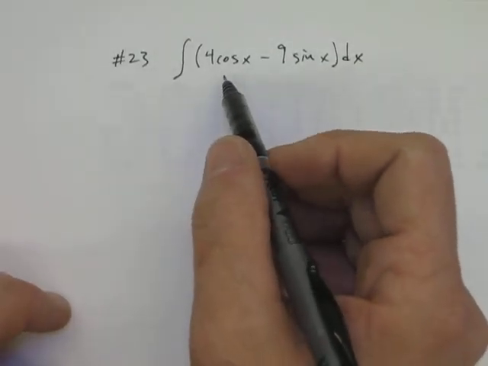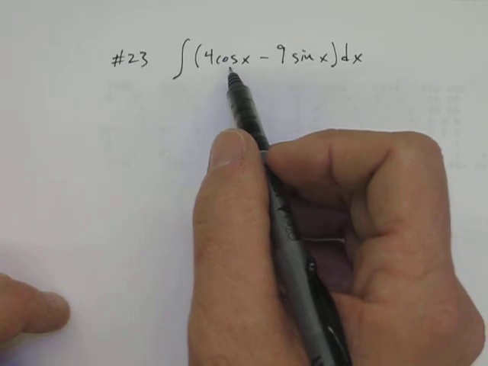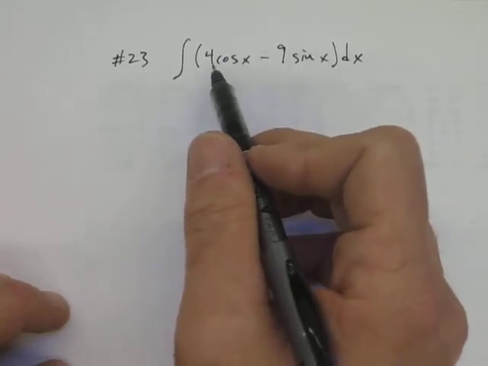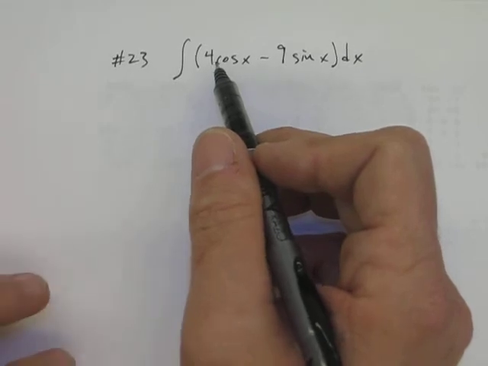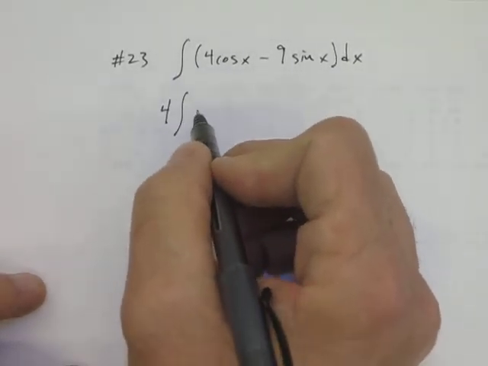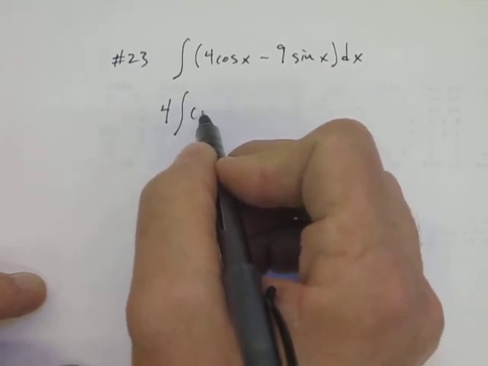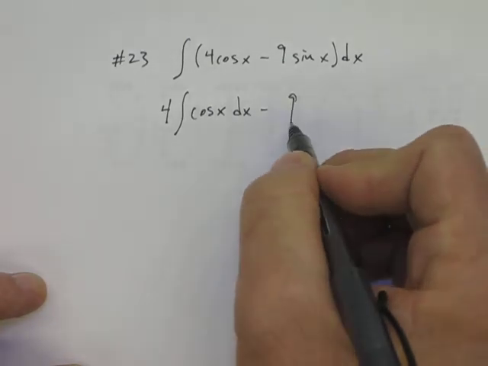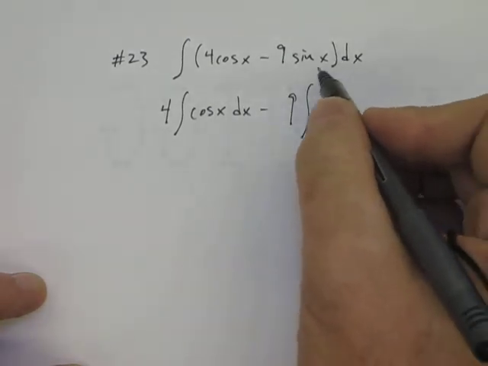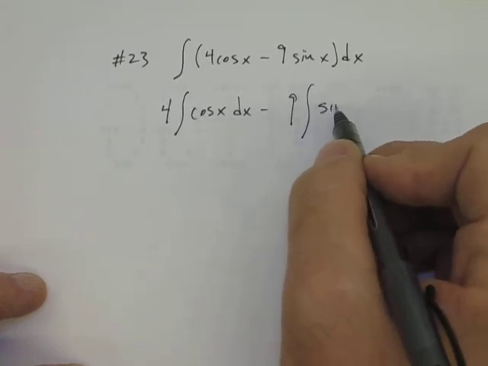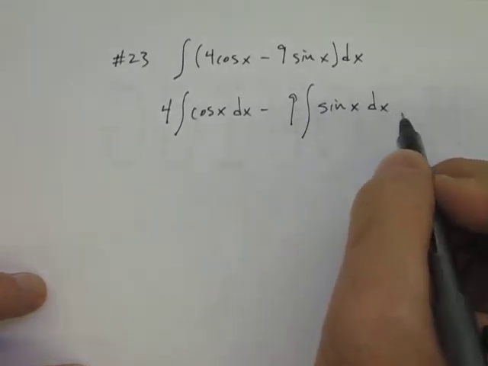To start off, we can separate these into two separate integrals, and at the same time we'll pull the constant multiples out. We should have done this enough times that we should be able to do this with relative ease. Take the constant out: 4 times the integral of cosine x dx minus, and make another integral, pull the 9 out, minus 9 times the integral of sine x dx.